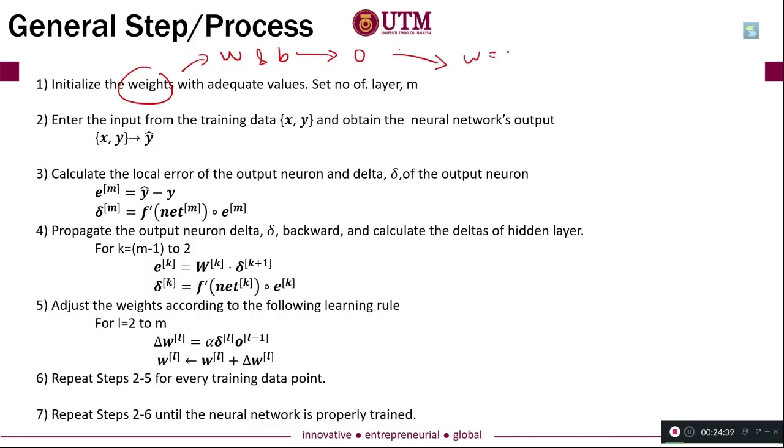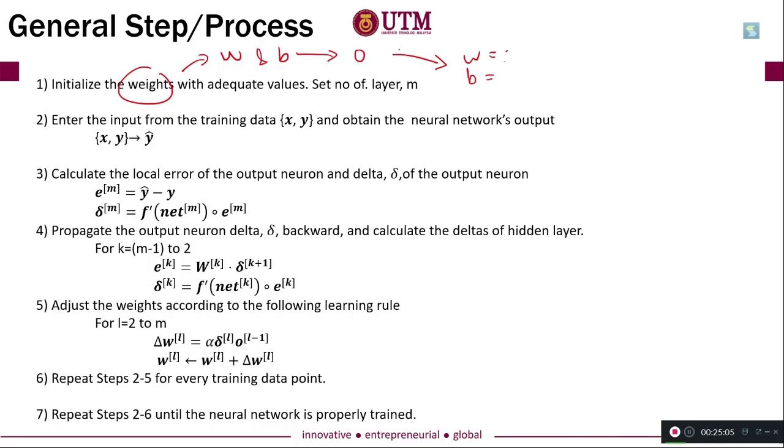You can set any random number, because in programming you have a random function that can generate a random number. Then you can set your W and your B with a random number. There are different effects of initializing your W and B with 0 versus with a random number.